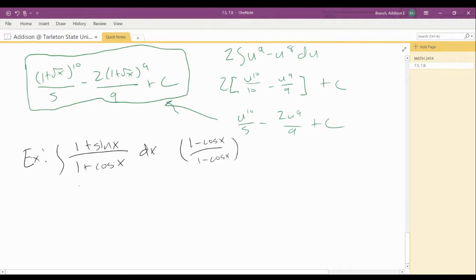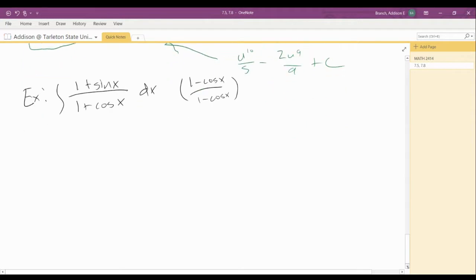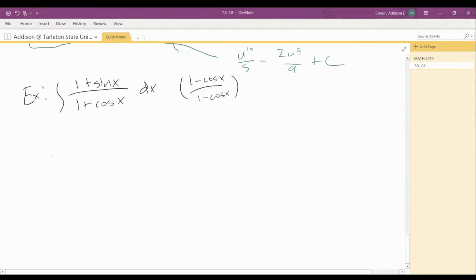That way we can take care of the bottom and then split this up a little bit more. So let me show you what I mean. We take 1 plus sine of x over 1 plus cosine of x times 1 minus cosine of x over 1 minus cosine of x.